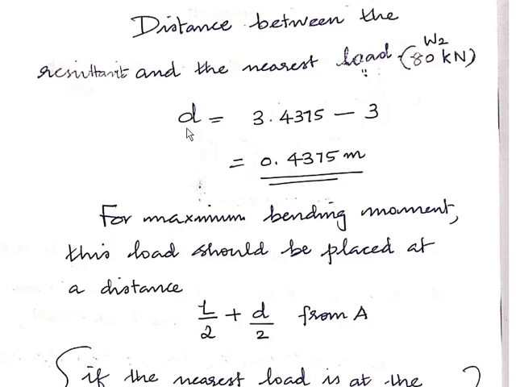Here D is equal to A minus 3, that is 0.4375 meter. The distance between the resultant and the nearest load, that is W2, is D.